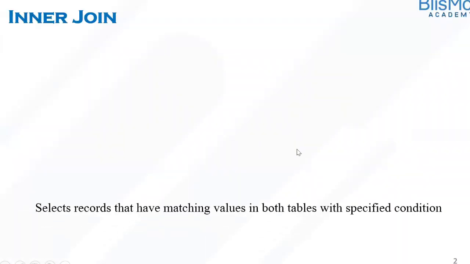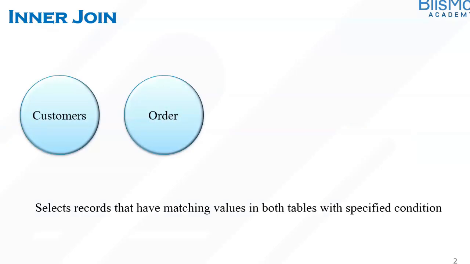Very simple. After understanding how the process works, everything will be very simple for you guys. Let us say we have the same customer and order tables. If we have to inner join these two tables, this is table 1, this is table 2.